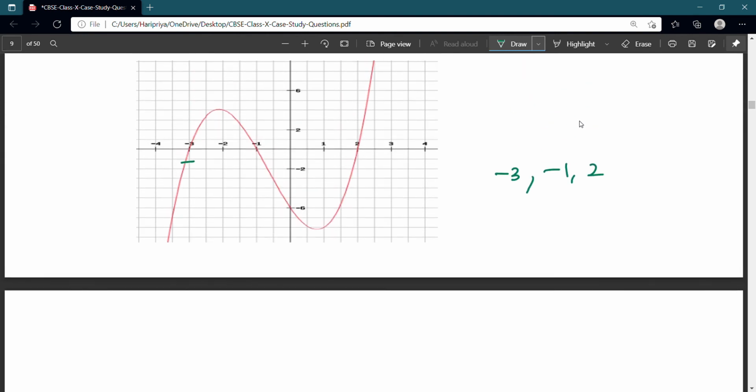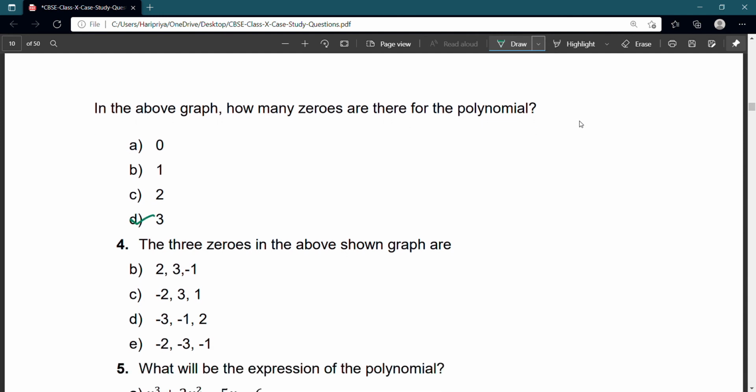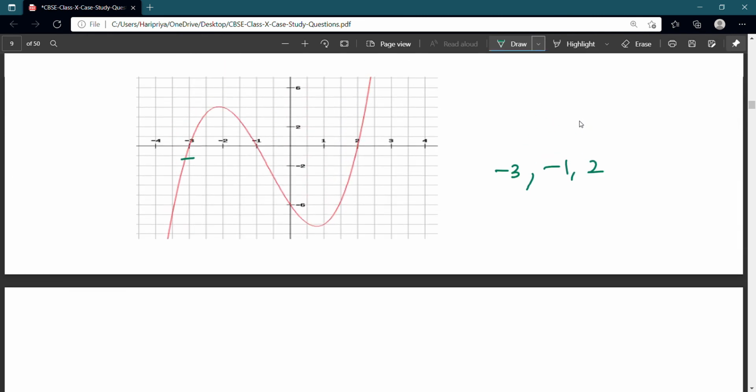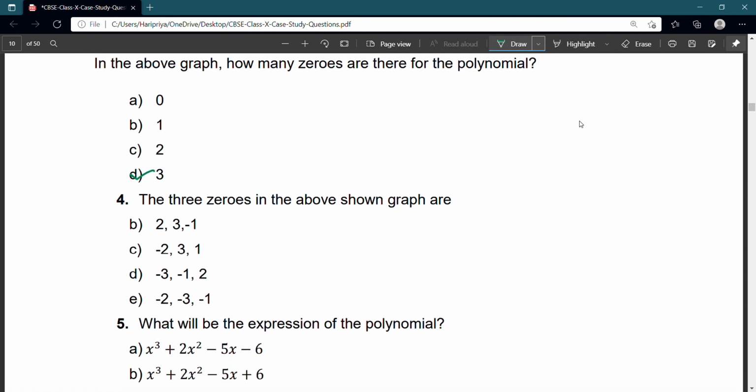Here the graph touches the x-axis at 3 points, so the zeros of the polynomial are 3. What are the 3 zeros? If you look at the graph, we have already written -3, -1 and 2.